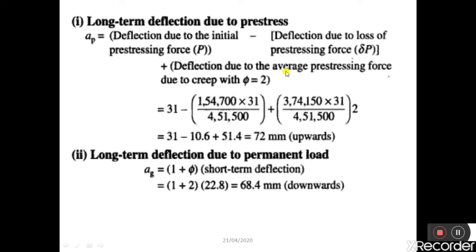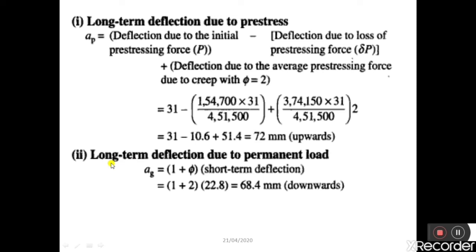Then plus the deflection due to average prestressing force: for 4,51,500 the deflection is 31, so what will be the deflection for the average prestressing force of 3,74,150 Newton, multiplied by 2 due to creep coefficient 2. So we get 31 minus 10.6 plus 51.4, which is equal to 72 mm. Here plus indicates the upward direction.